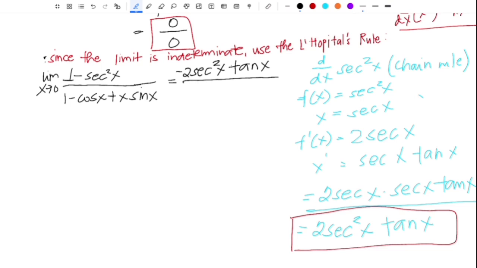Okay, for our denominator, this is a long process indeed. Let us think about what differentiation rule we can use. Okay, by analyzing the denominator, we can conclude that here in 1 minus cosine x, we can use what we did earlier.